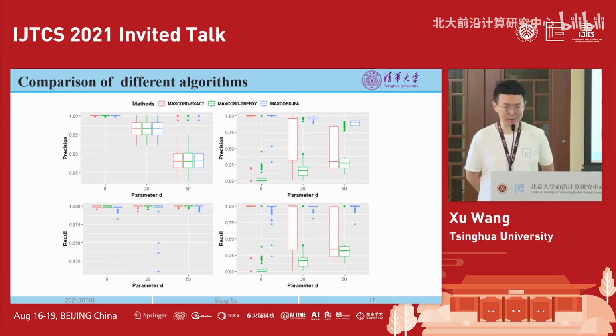The left part represents the case with weak attack power. We can see that from the aspect of precision, there's nearly no difference. From the perspective of recall, there is a little bit of difference, but it is not very huge.